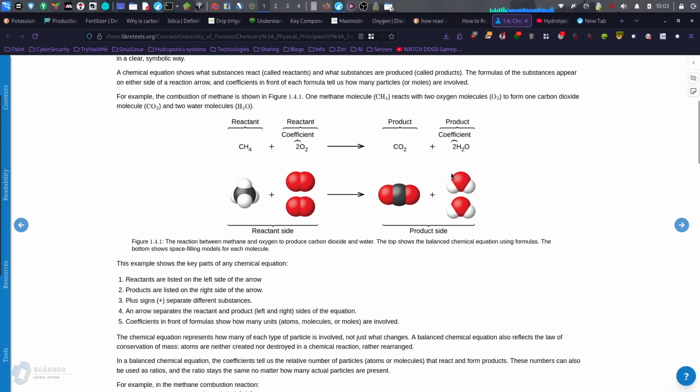In 1 molecule we have 2 hydrogen. In the second molecule, hydrogen 1, 2, 3, 4. We have 4. We need to multiply this number to find how many hydrogen atoms we have.